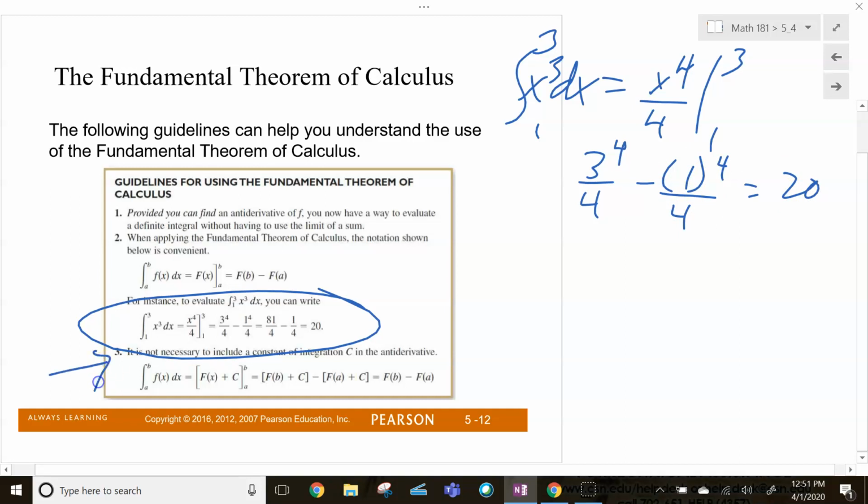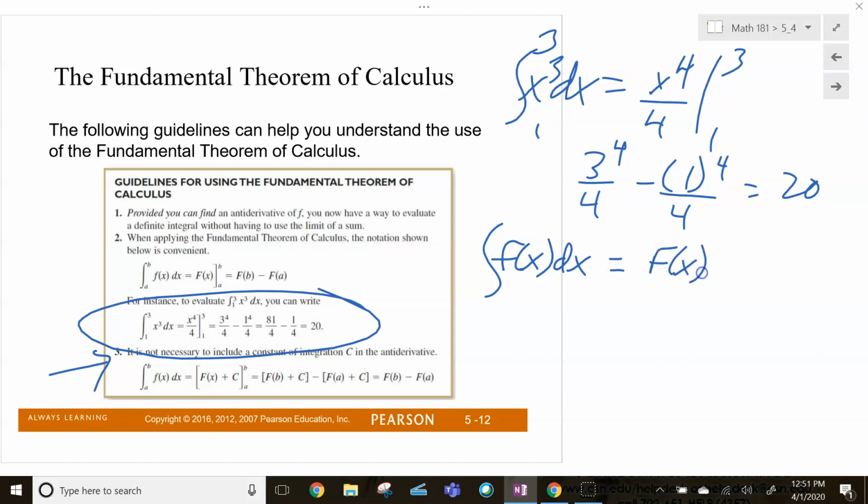Now, notice here also, it's not necessary to include a constant of integration. Like when we were doing indefinite integrals without a to b, we would get the antiderivative and we'd say plus a constant, because we give the general form of it.